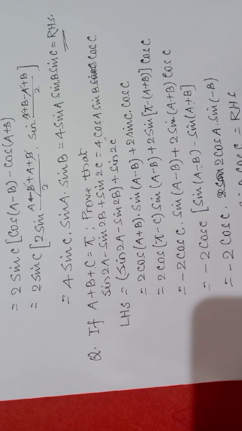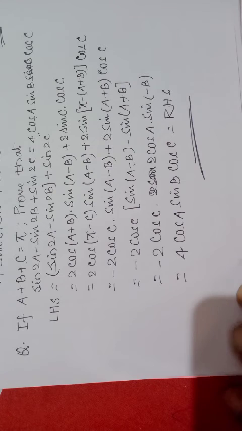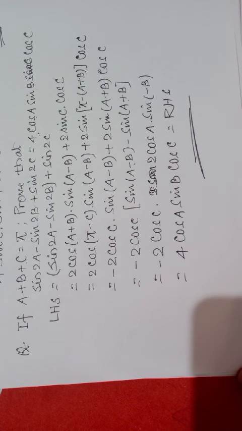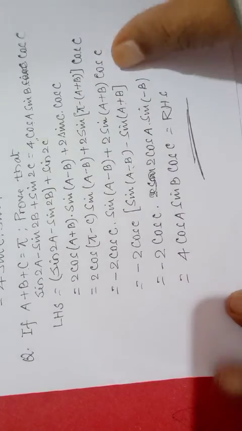In this way we will prove the conditional identities. Now write down one more question, that is, in triangle ABC. Just write down the question.